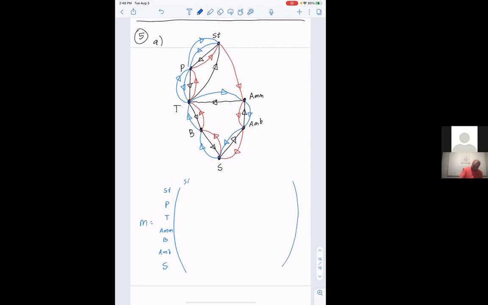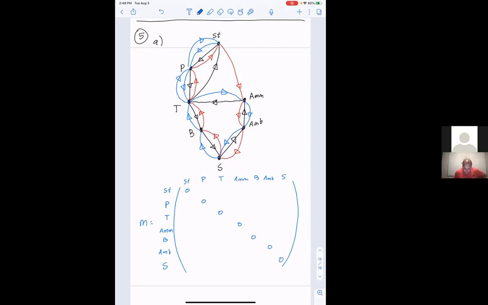The same thing here, keep them in order. Okay, so there are no loops. So because there's no loops, I can immediately put zeros there.